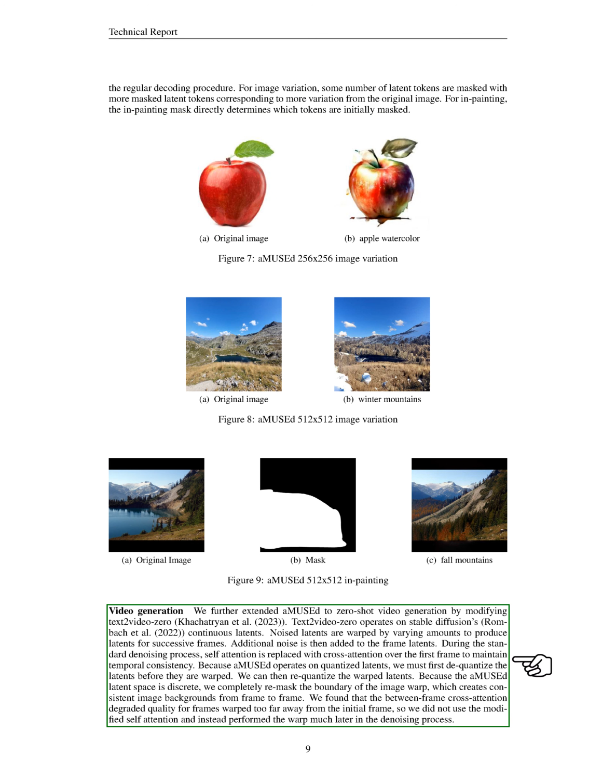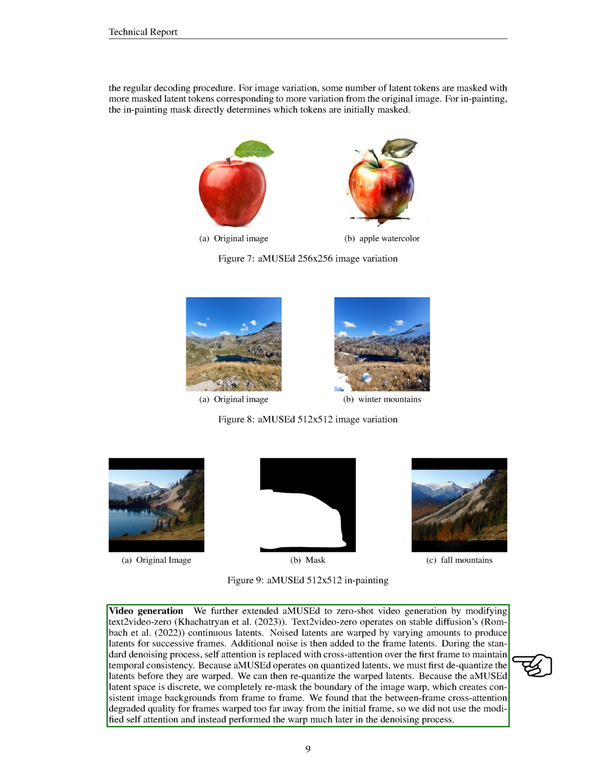We've also expanded aMUSEd's capabilities to include generating videos from scratch. We achieved this by modifying a method called text2video-zero, which works with Stable Diffusion's continuous latents. These latents are distorted by varying amounts to create the latents for subsequent frames, and then additional noise is added. To maintain consistency over time, we replace self-attention with cross-attention over the first frame during the standard denoising process.